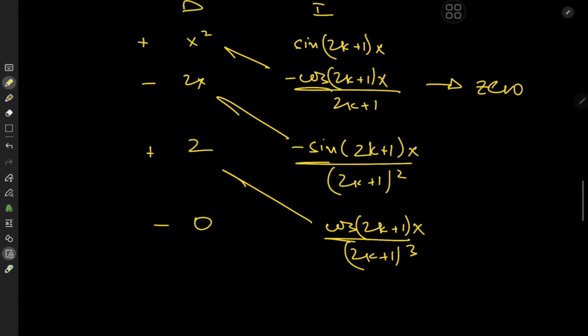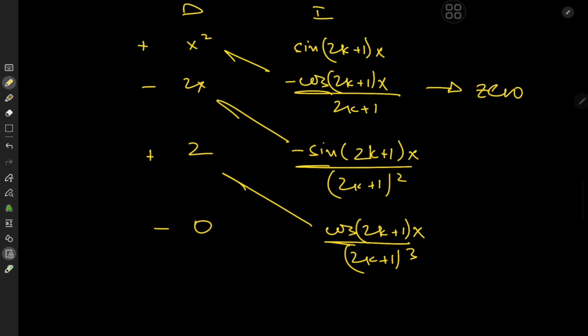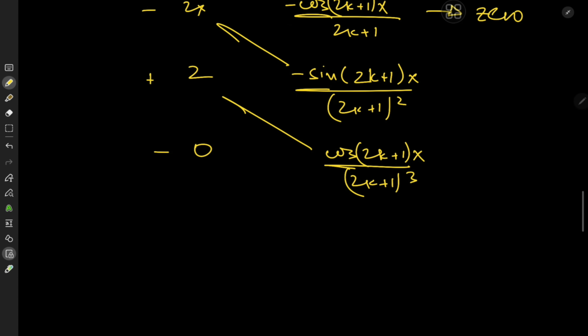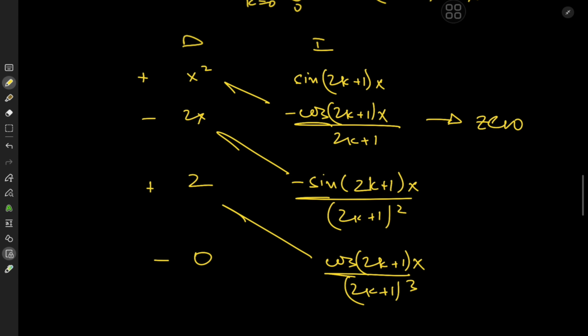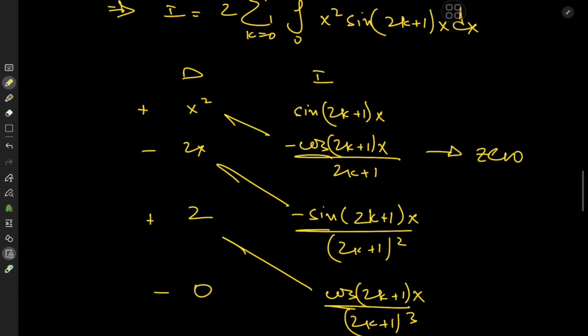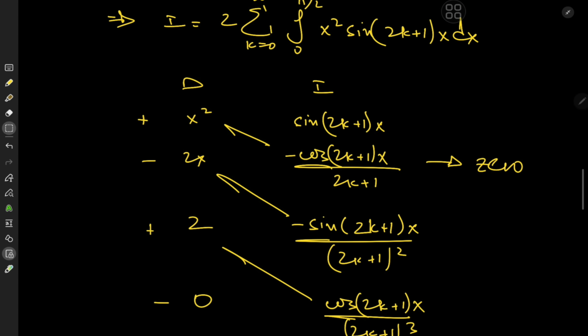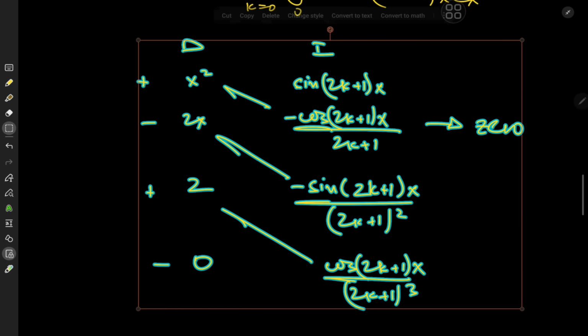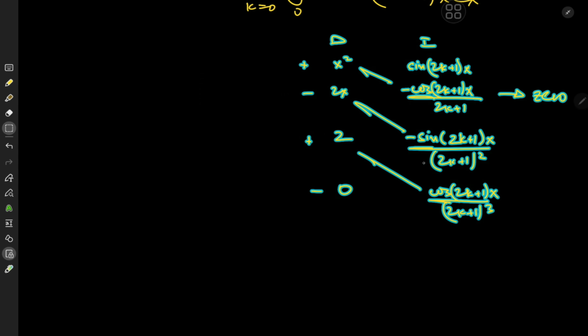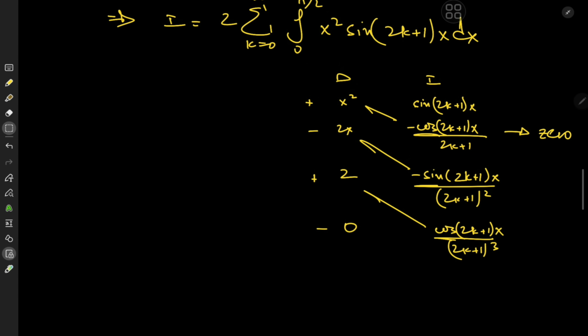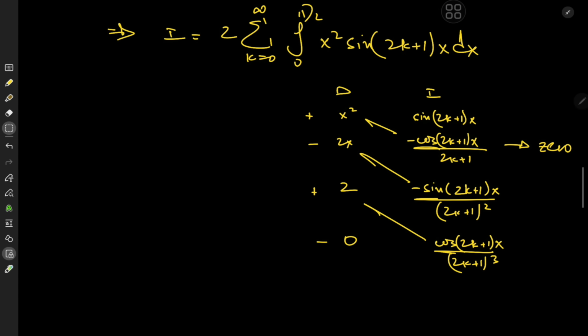But the remaining terms are much more interesting. We have negative 2x, but wait, the two negatives cancel out. Again, overall, it's a plus sign. Let me just zoom out a bit so I can actually see everything, including factors that I'm pretty sure I'm going to miss somewhere along the video. This means that we have I equal to twice of what now?